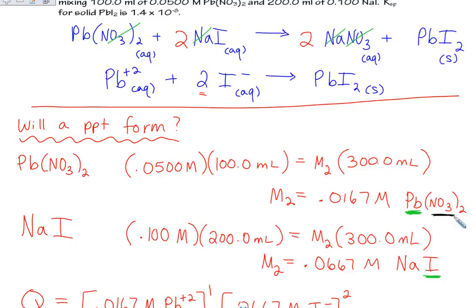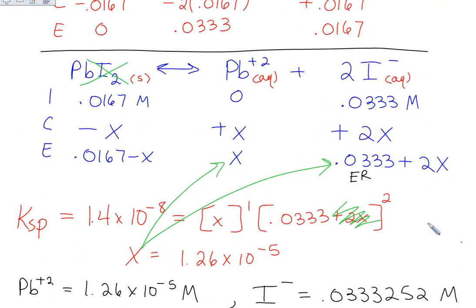So I just need to multiply that guy by 2. And that gives me the molarity of the nitrate ion. The sodium, here she is. The sodium will just be 0.0667. We can't forget those extra spectators. They are in the solution.